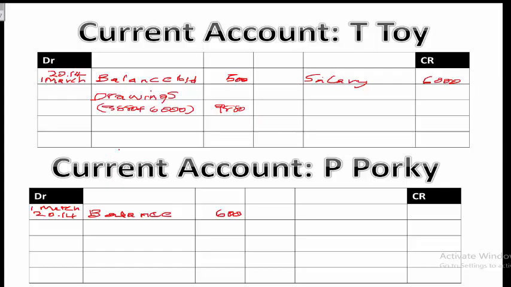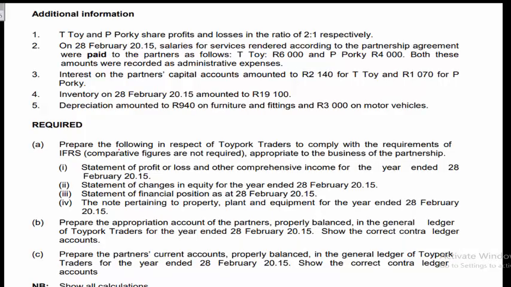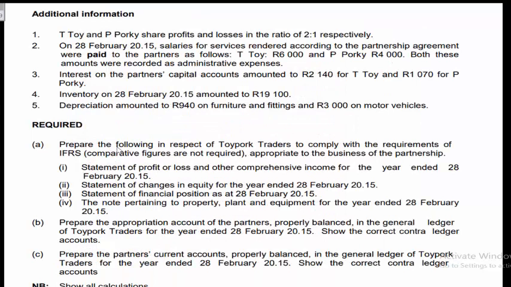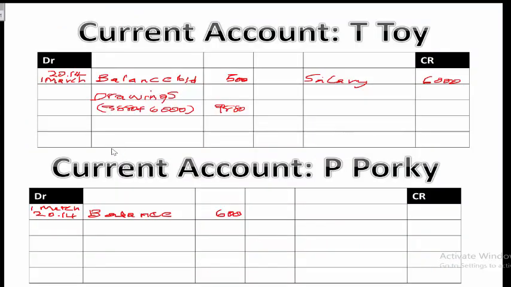And let's go back to our information again. So partners were paid 6,000 and 4,000 respectively. Let's go back and check the balance for P-Porky for drawings. For P-Porky it's 1,800. So 1,800 plus 4,000, that makes it 5,800, right? So let's carry right along and go and record that transaction.